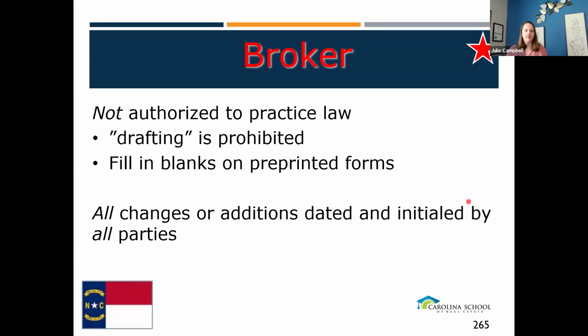With that being said, it's not the consumer's job to know my job. That's my job to know my job. Buyers and sellers will ask on the regular, can't you just add this? Can't you just do that? And this is us knowing to stay in our lane.